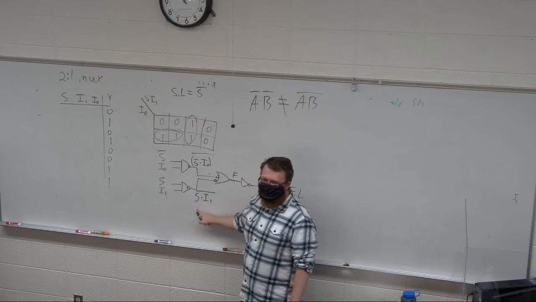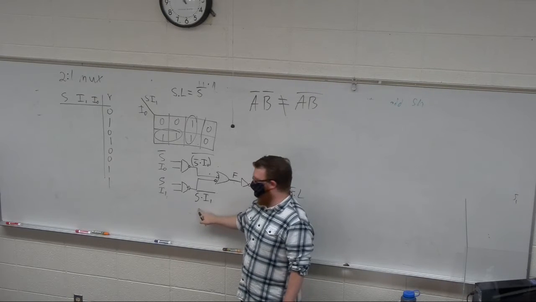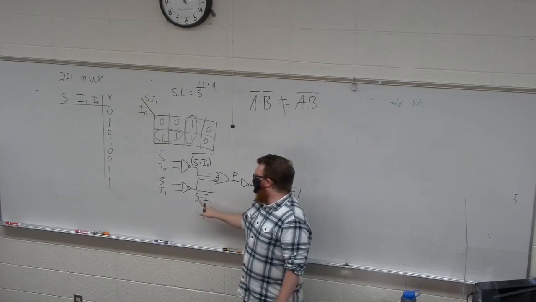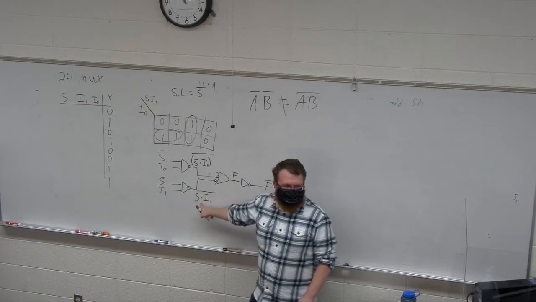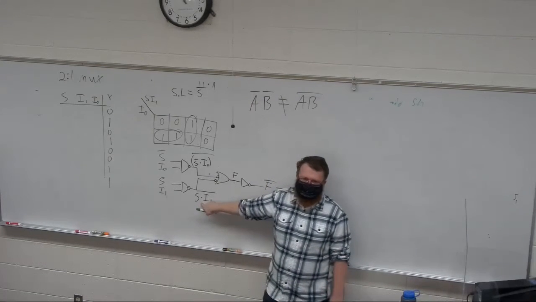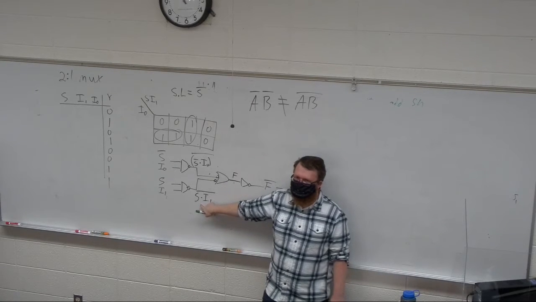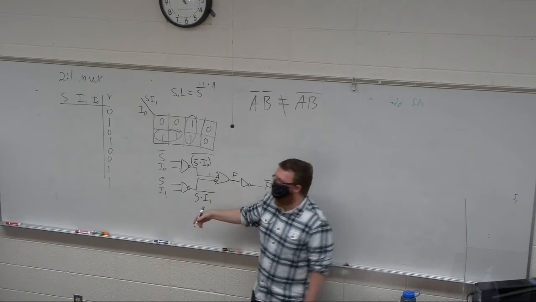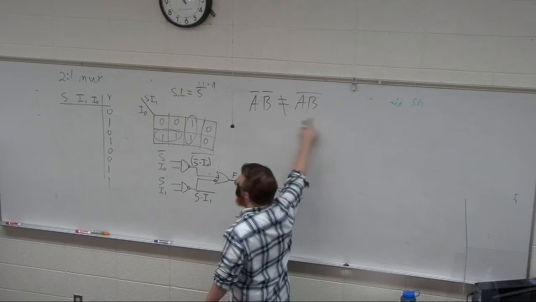If I want to do any factoring or multiplication or Boolean manipulation, what do I need to do to this? What's a way that I can get rid of the bar? De Morgan's. So that's what I need to do if I want to start simplifying it. I can't just assume that these two are equal.